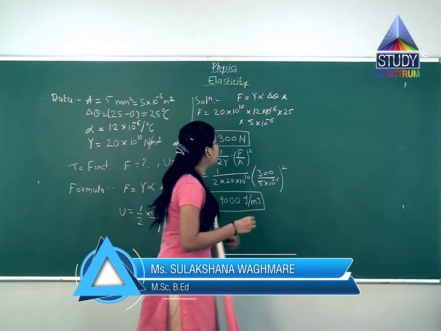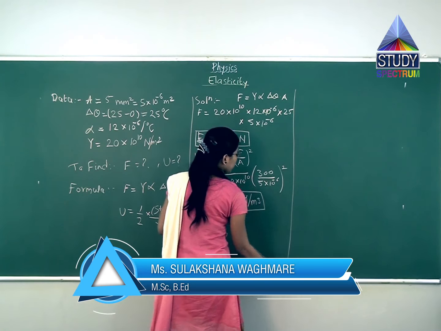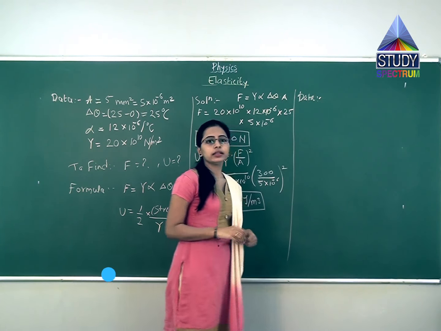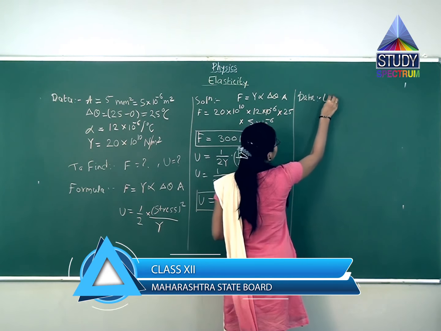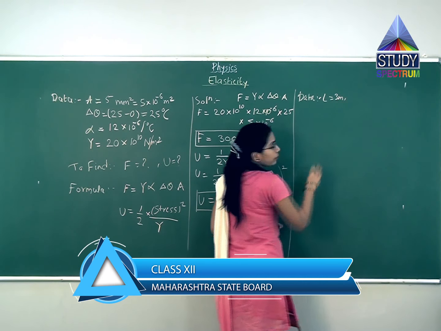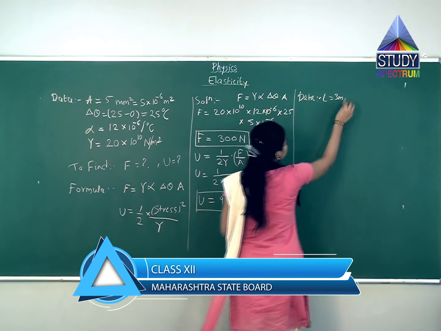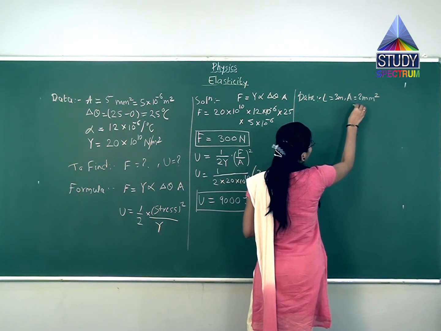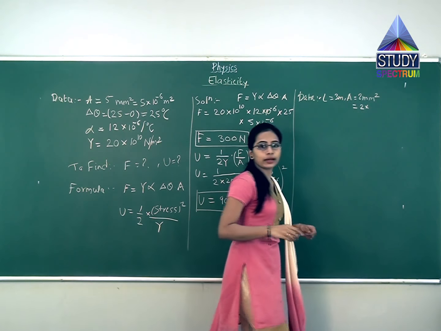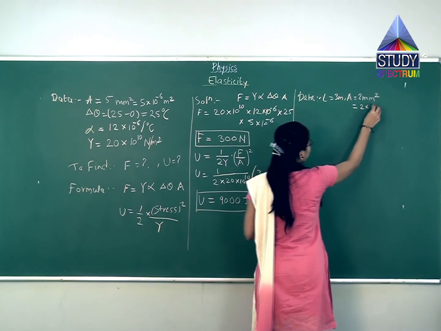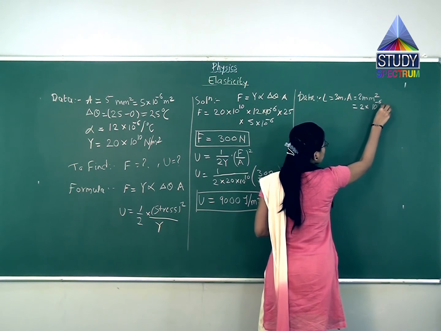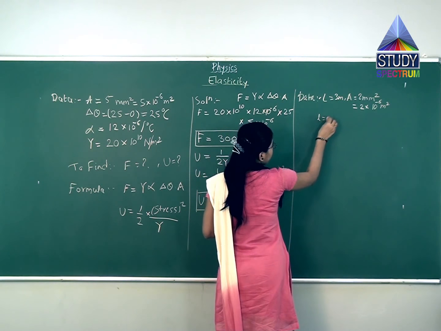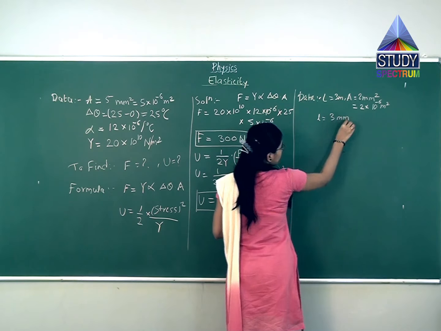Now let us write down the data first. Here the length of the wire is given, 3 meter. Area is also given. It is 2 millimeter square, so it will be 2 into 10 raised to minus 6 meter square. Then the extension in the wire is given, again in millimeter.